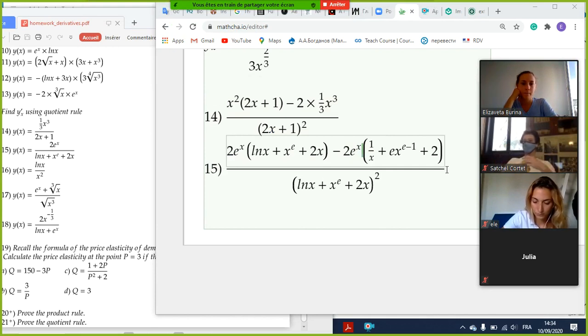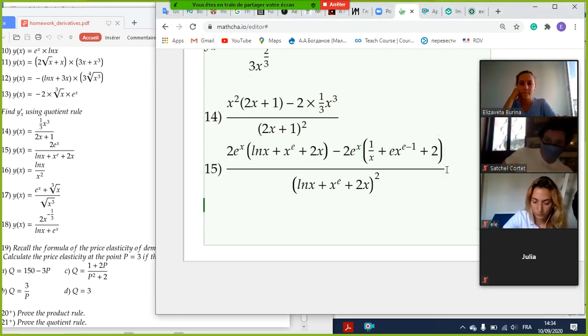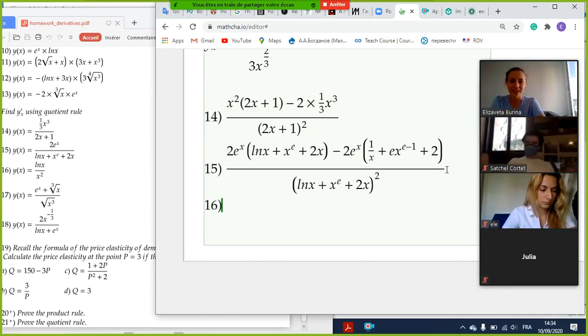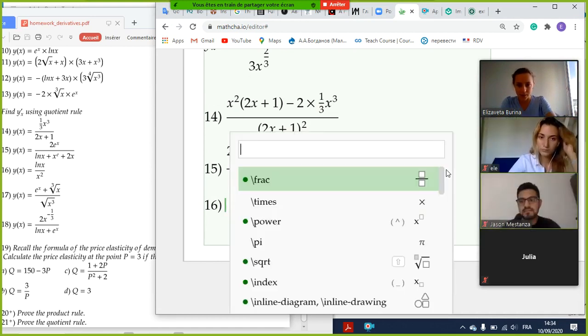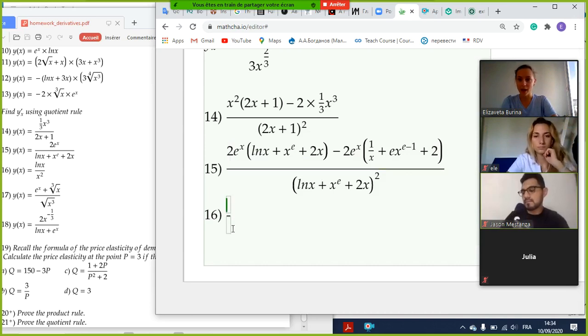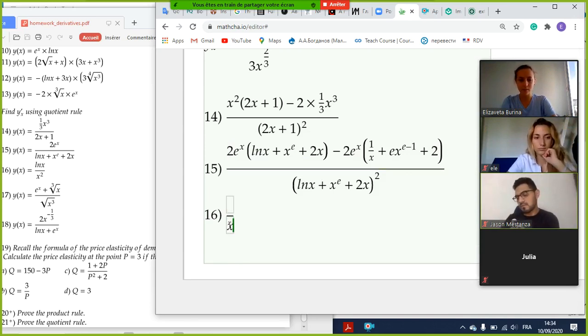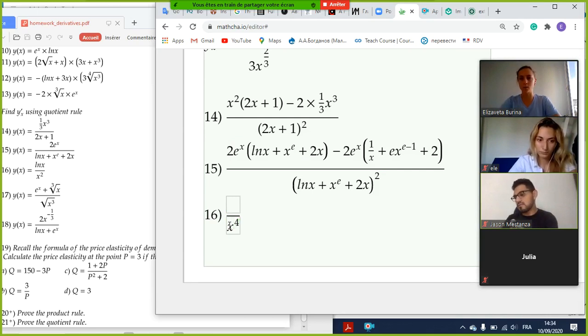Great. Then it will be better. Okay, number 16. Fraction. Then x power 4, because we had x squared, we put it again squared.